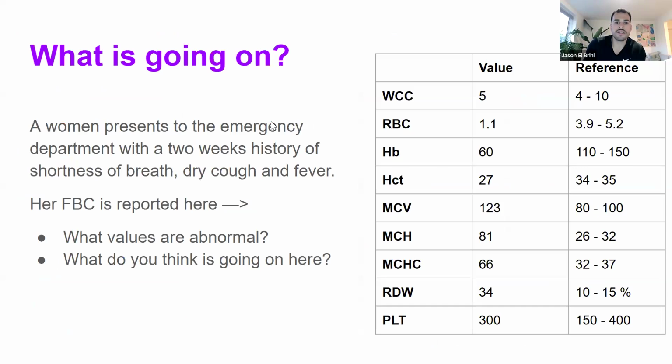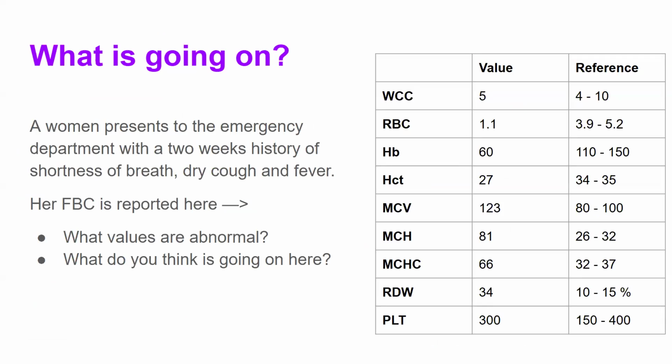Great. Here is another one. So maybe, who haven't I asked? Maybe Isaac, do you want to go through? So this lady has got shortness of breath, dry cough, and fever. What's abnormal in her full blood count? Yeah, so her hemoglobin is low, suggesting anemia. Hematocrit's also low.